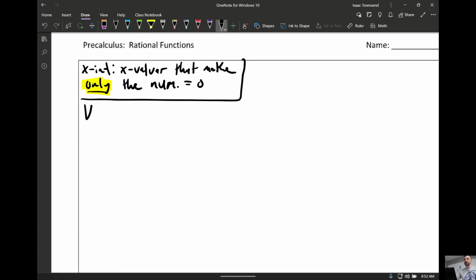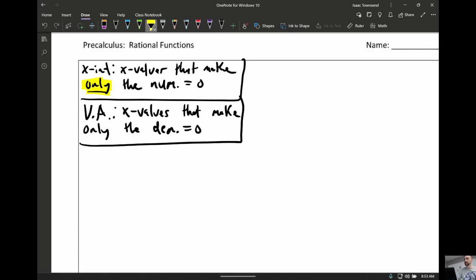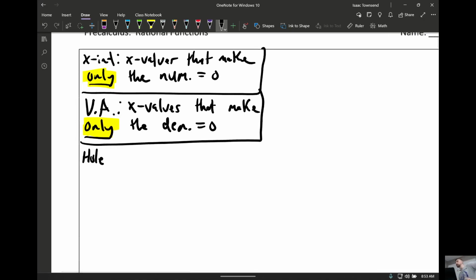We talked about vertical asymptotes occur for any x value or x values plural that make only the denominator equal to 0. And I emphasized the word only last class for that. And then the other one we talked about last time, so hopefully you feel okay with these so that we can focus on the other stuff, was how to find a hole.